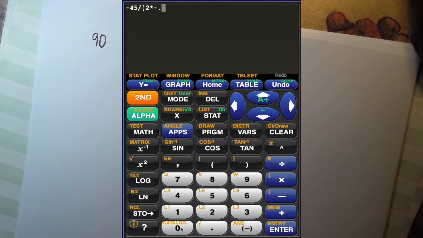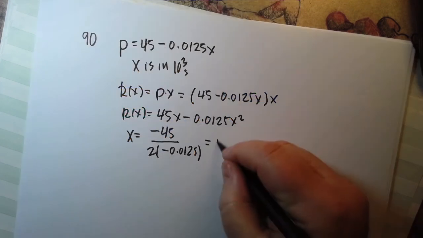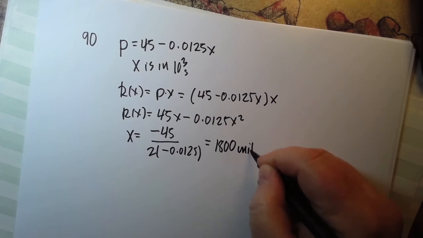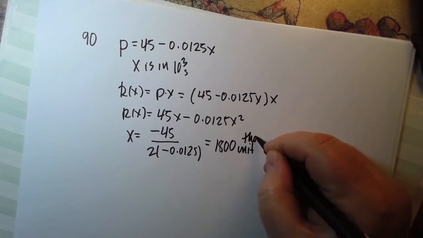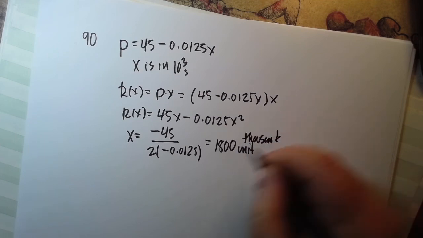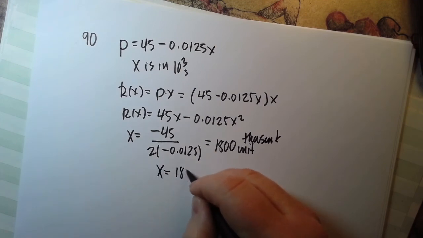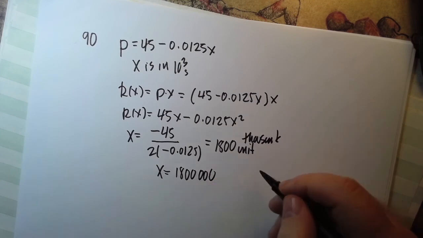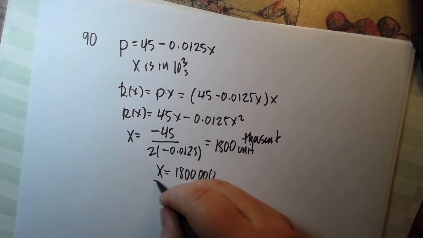Times negative 0.0125. So we get 1,800 units, thousands of units actually. So x would be 1,800,000, so that's 1.8 million units.